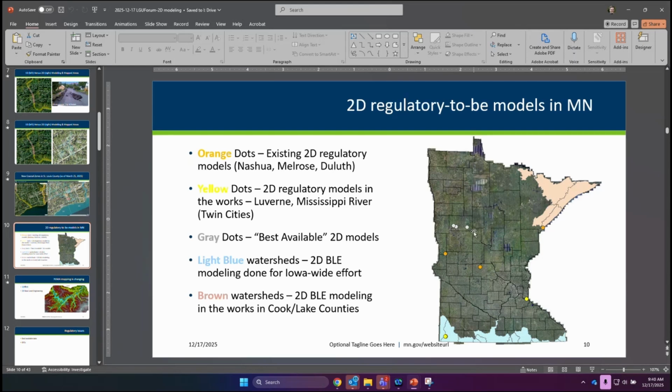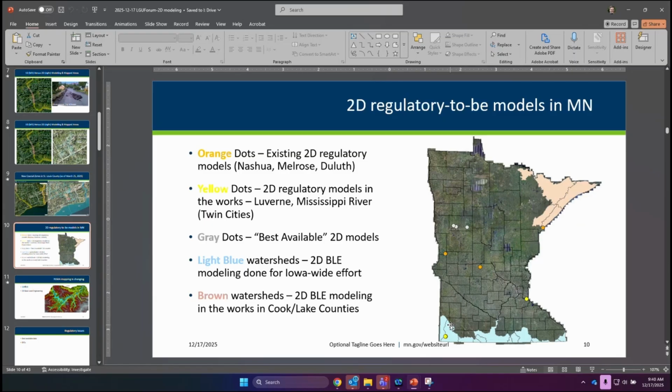And then these gray dots, the blue watersheds along the southern border, and these brown, I'll stop there. The gray dots and the blue watersheds along the border are watershed-based Base Level Engineering (BLE) models that are available and may be the best available data in some of those areas.